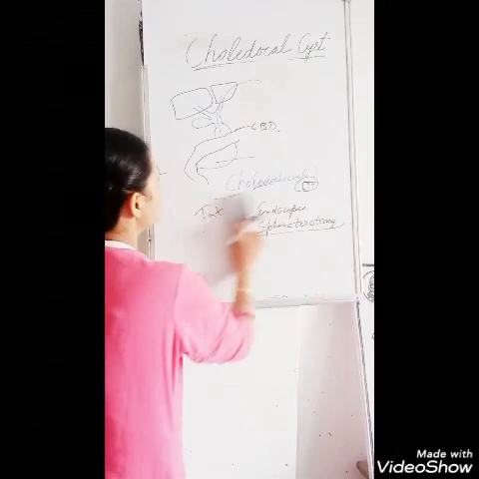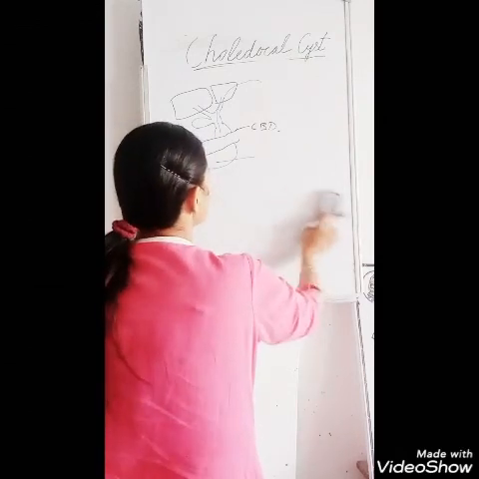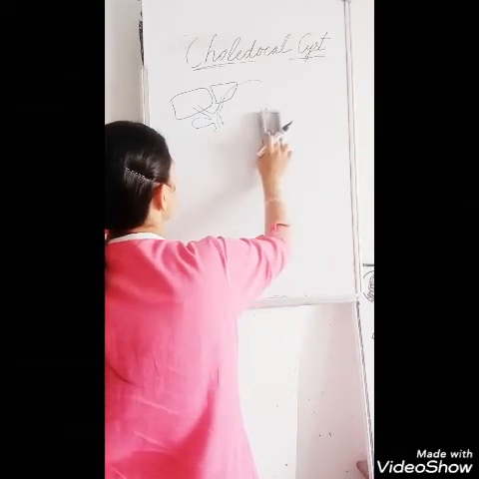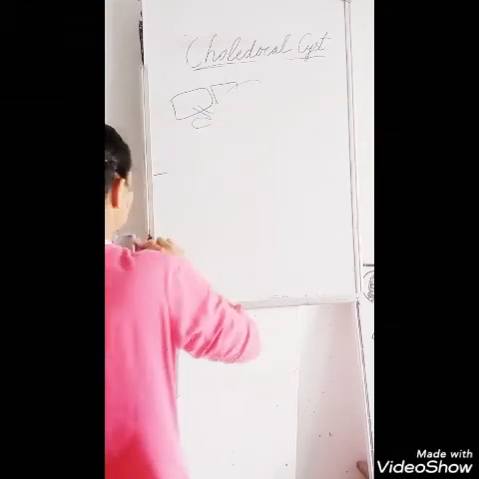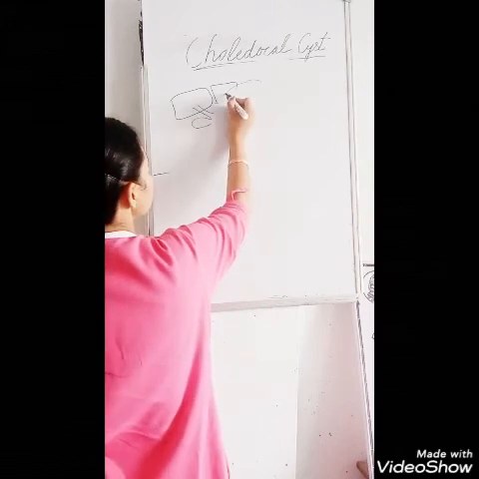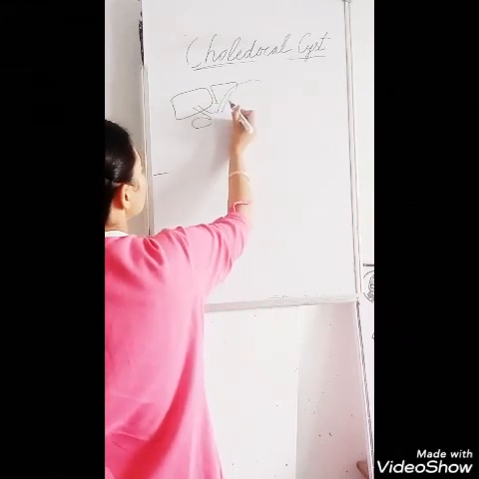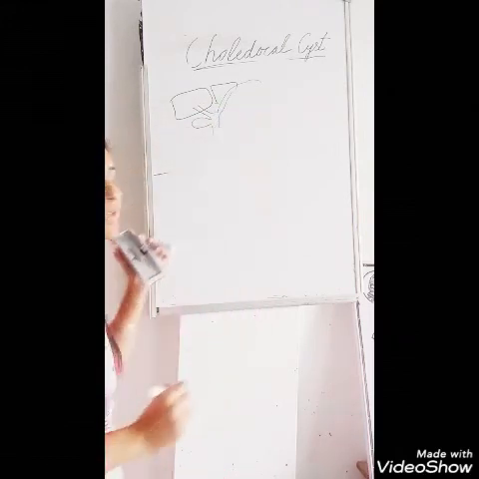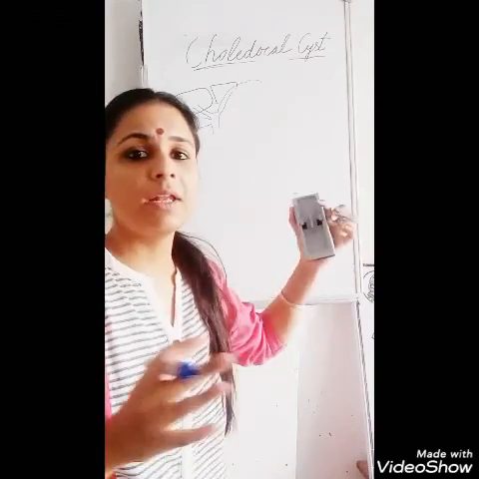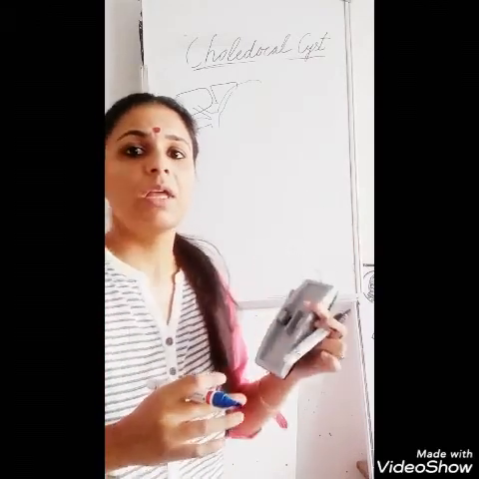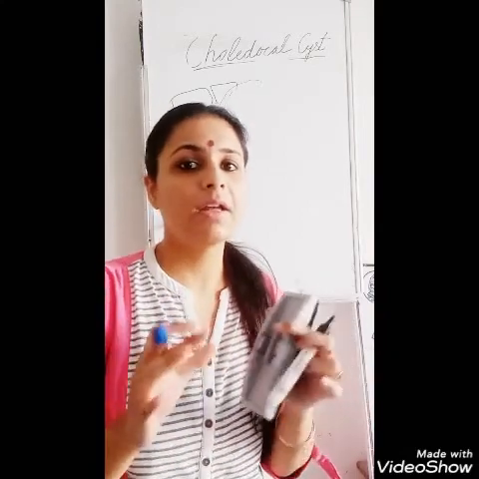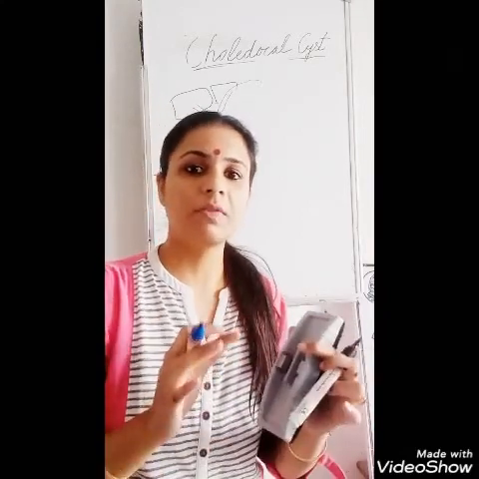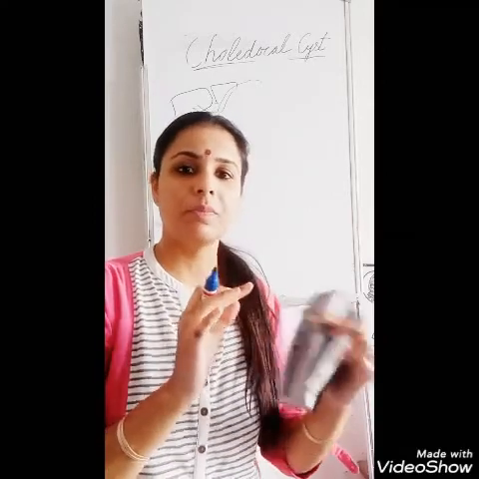In case of the fourth, where the intrahepatic and extrahepatic dilatations of the common bile duct occur, in that case we will do what? It is not possible to remove each and every cyst present in the intrahepatic and extrahepatic ducts. And sometimes the cyst wall is adherent to the portal vein, so the portal vein may get injured.